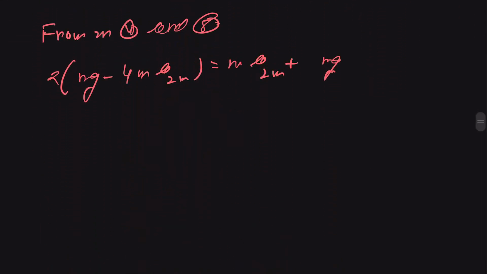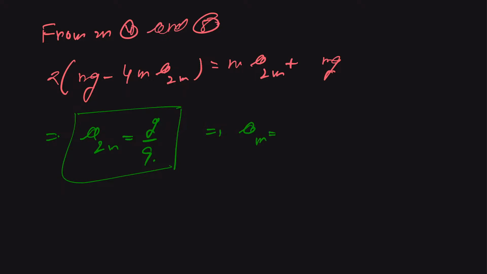And now it is simple. From here, we can calculate our a of m, and let me write it directly. So therefore, we can say that a of 2m will be equal to g by 9, and we know that a of m is equal to minus 4 times a of 2m, so this comes as g upon 9.